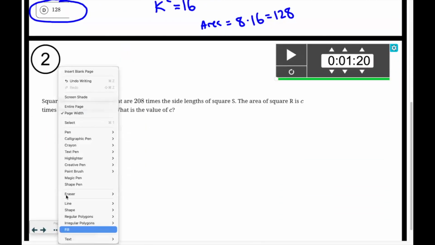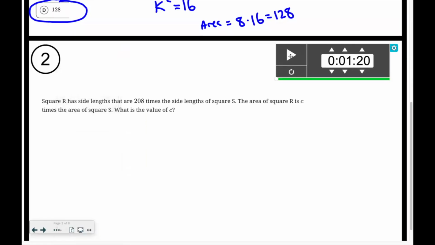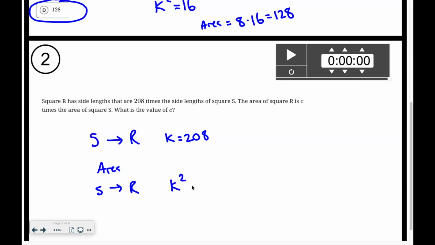Okay, so try this one now. This one is very similar: R has side lengths 208 times the side lengths of S. That's like saying going from S to R, the scale factor is 208, because each single dimension is getting multiplied by 208. When we talk about the area going from S to R, that's the value the area is getting multiplied by, which should always be the scale factor squared.